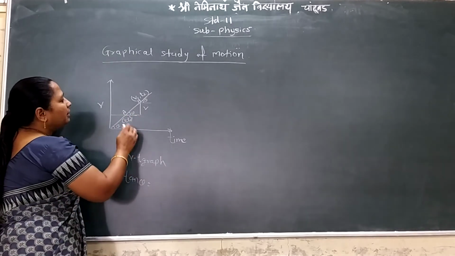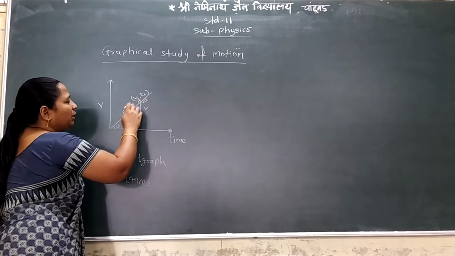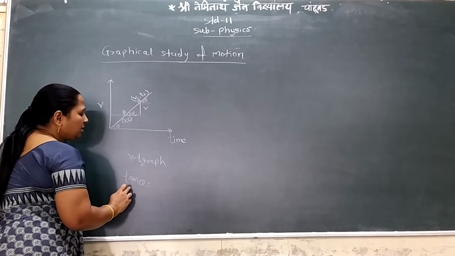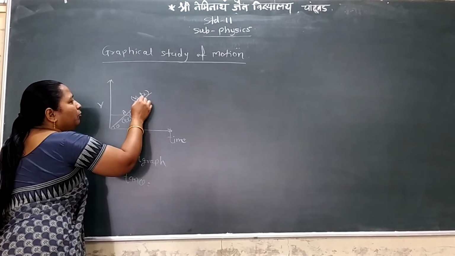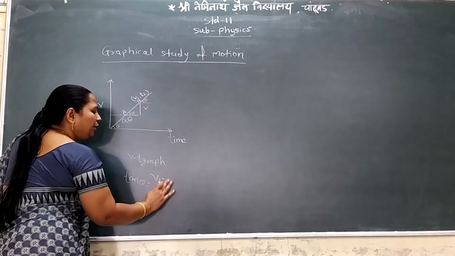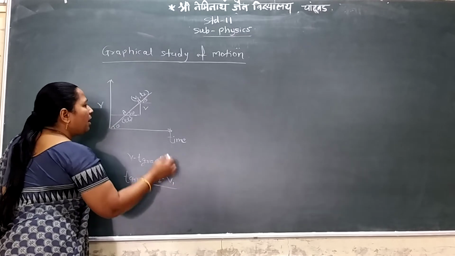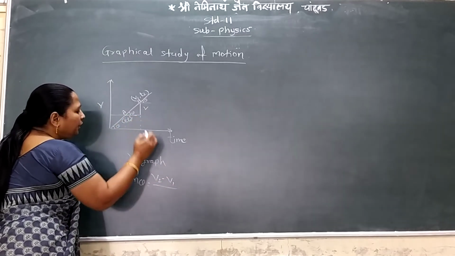Therefore, tan theta is equal to the slope of the line AB, which is v2 minus v1 upon the x components t2 minus t1.